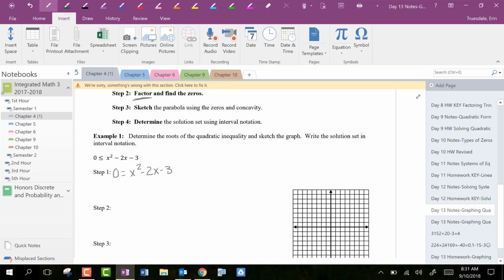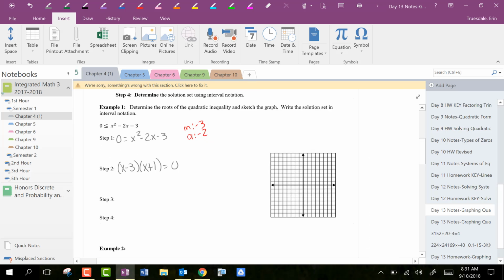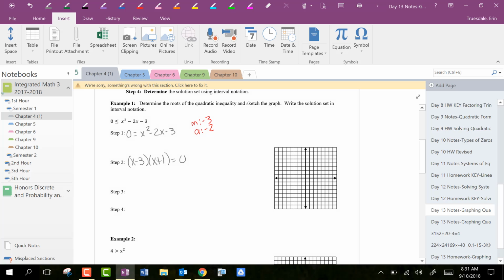So we need two numbers that multiply to negative 3 and add to negative 2. Very good. So we have x minus 3, x plus 1. I can go straight to my factors because that a value is 1 here, so I don't have to do any kind of factor by grouping.